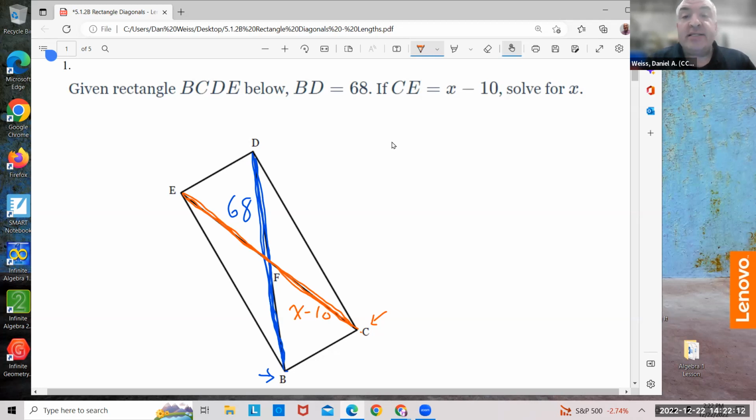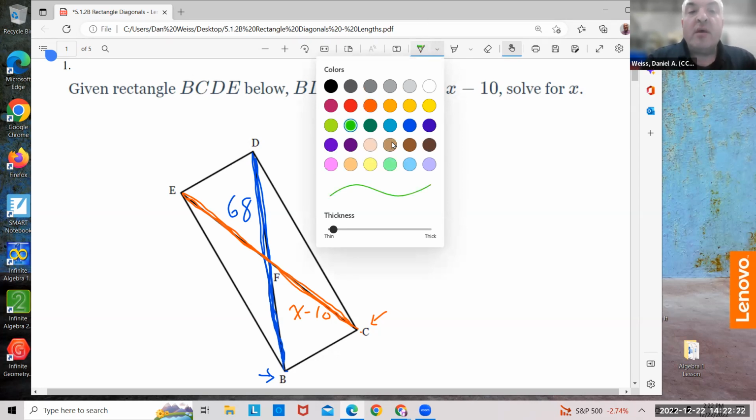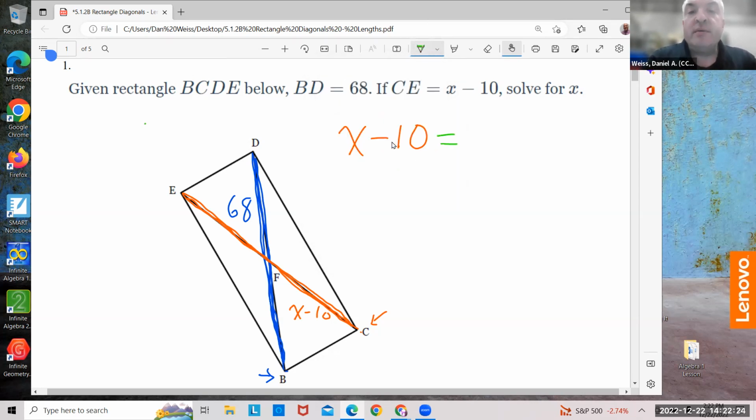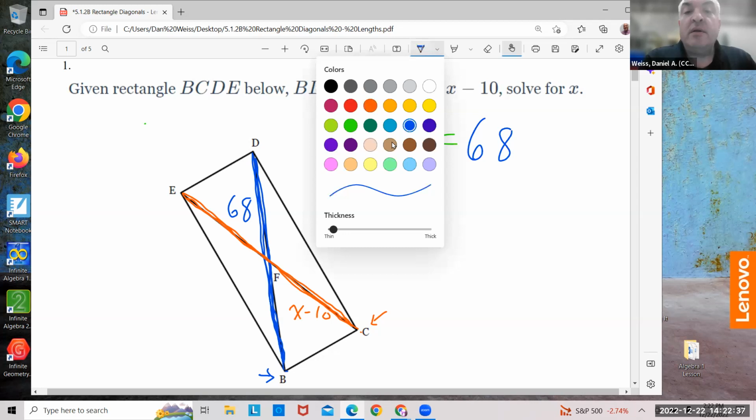But here, in today's assignment, all the diagonals are equal. So I can say X minus 10 equals 68, right? Because the diagonals are equal.